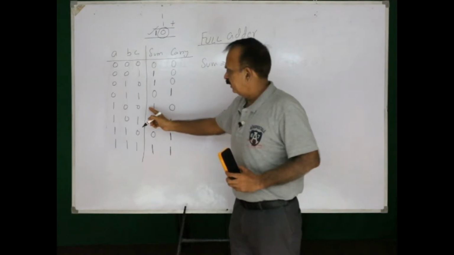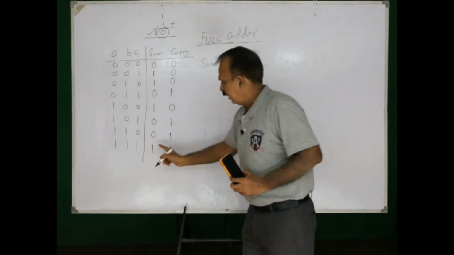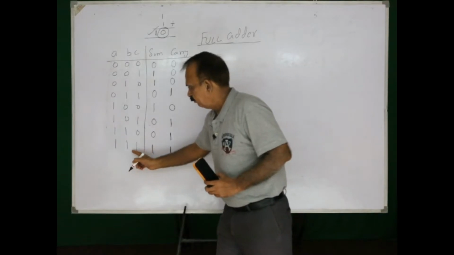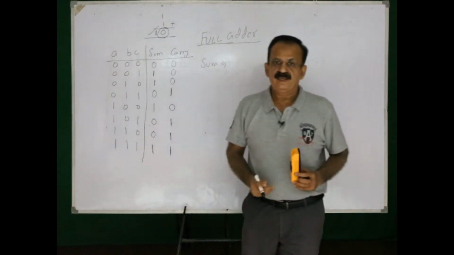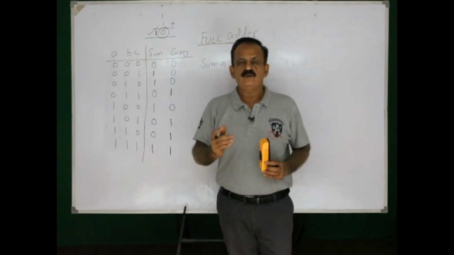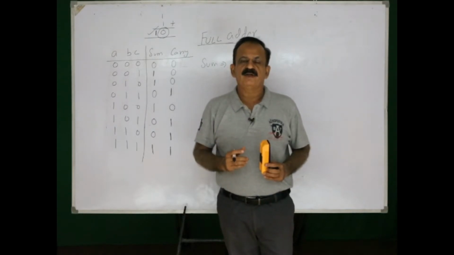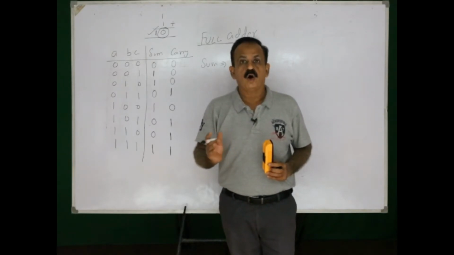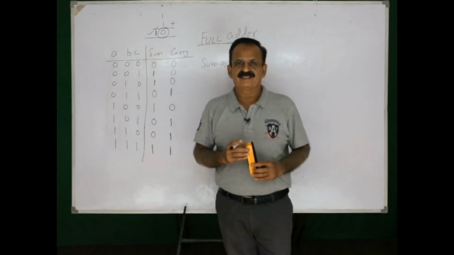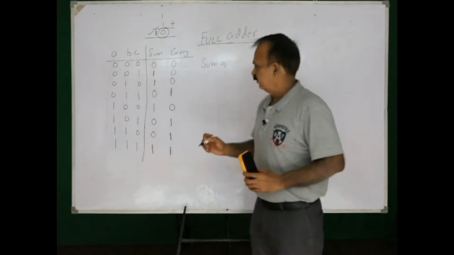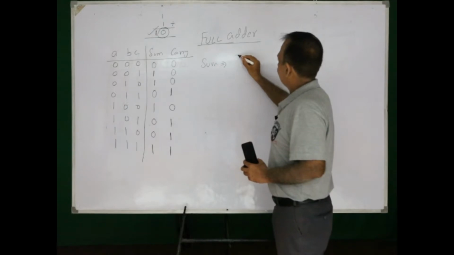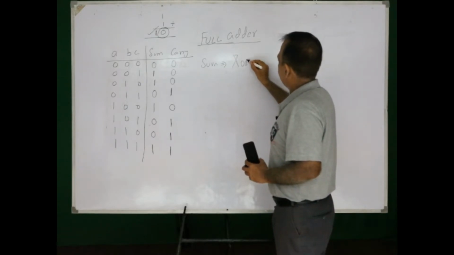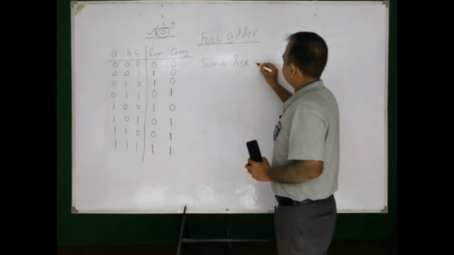This value is high, the number of high inputs is 1, and this value is high, the number of high inputs is 3. That means the sum value is high when the number of high inputs is odd. This again represents an XOR gate. That means sum can be implemented by using an XOR gate.